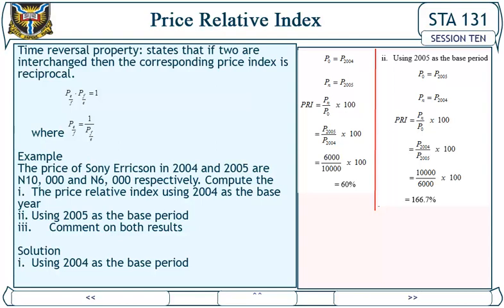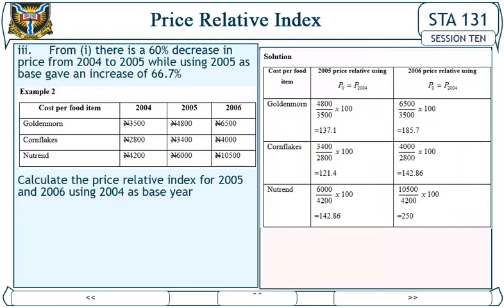Using 2005 as the base period, P0 is equal to P2005, Pn is equal to P2004, PRI is equal to 166.7%. 3. From 1, there is a 60% decrease in price from 2004 to 2005, while using 2005 as base gave an increase of 66.7%.